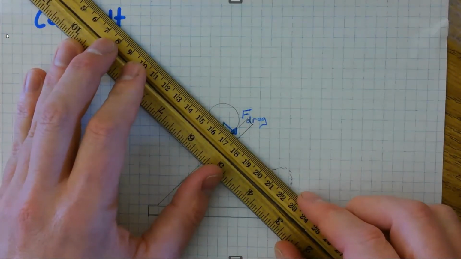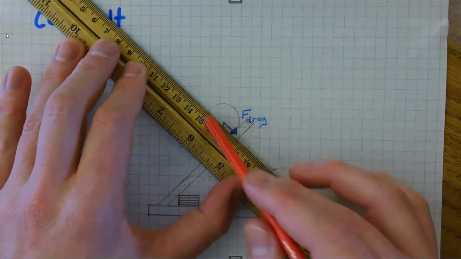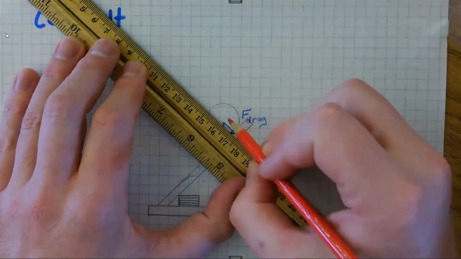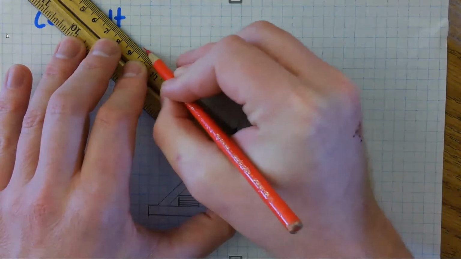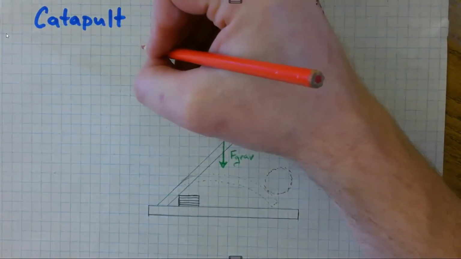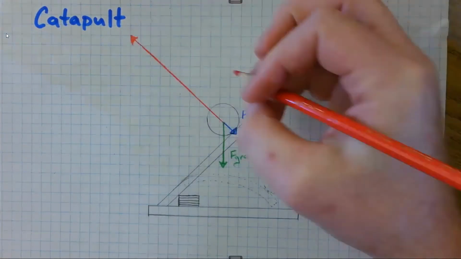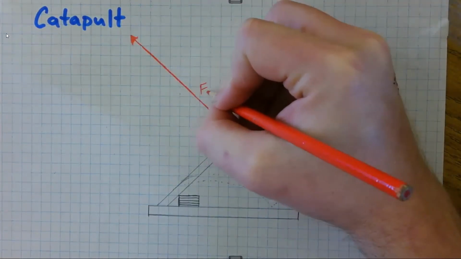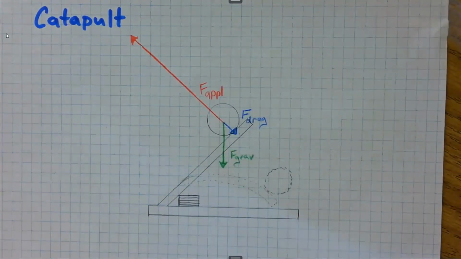The applied force is going to be in this general direction from where the marble used to be to where it is when it leaves the catapult, which is going to be at about a 90-degree angle from the lever arm of the catapult. So in this general direction. And let's just call that the applied force, F applied. Those are all the major forces affecting this projectile being launched from this catapult.